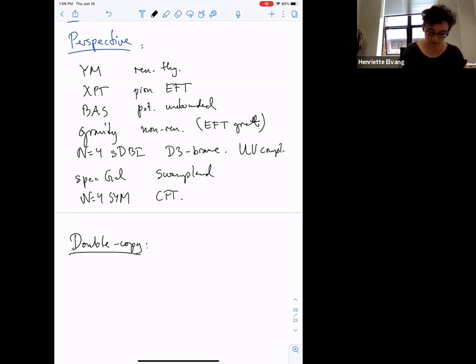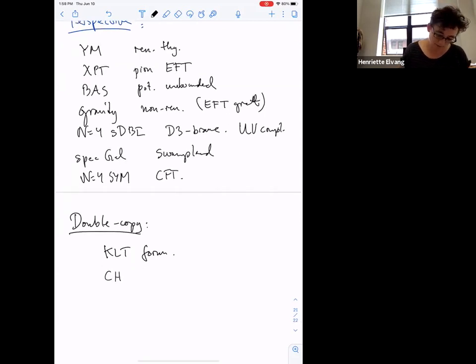Here I focused on the KLT form and working on generalizing it. In particular, the generalizations that we have are sort of a heterotic version and a type 2 version. There's something called the CHY scattering equations that gives a very nice formalism for taking soft limits, but also gives a different perspective on the double copy.